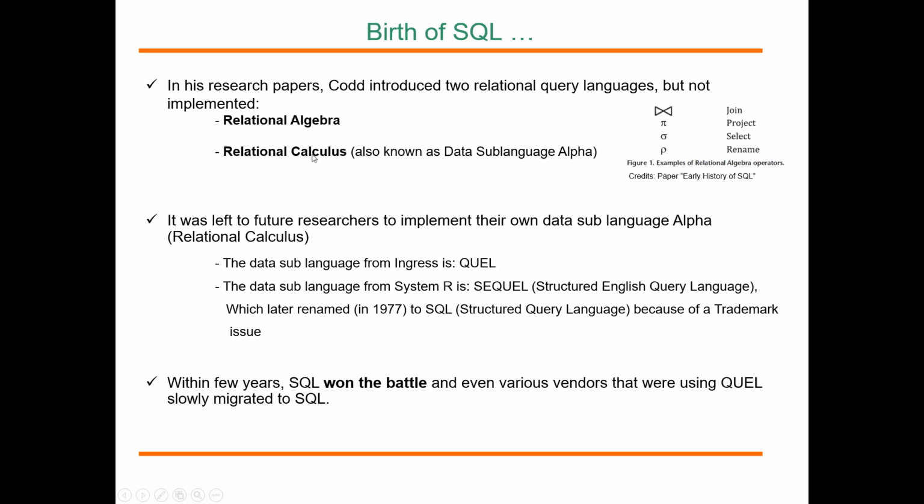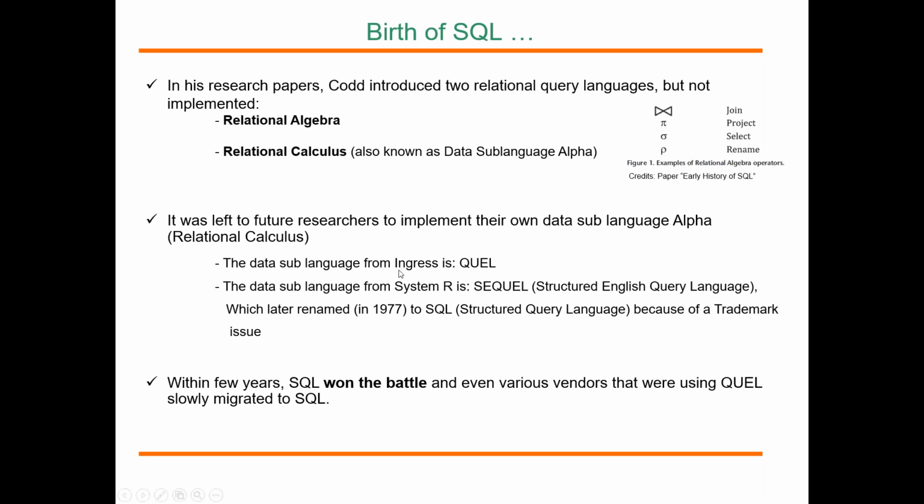And the other is relational calculus, which is also known as data sublanguage alpha. It was left pretty much to further researchers to implement their own relational calculus. What these two prototype systems, System R and Ingres, did was implement their own relational calculus, which uses these operators to fetch data from tables and play around with the data.